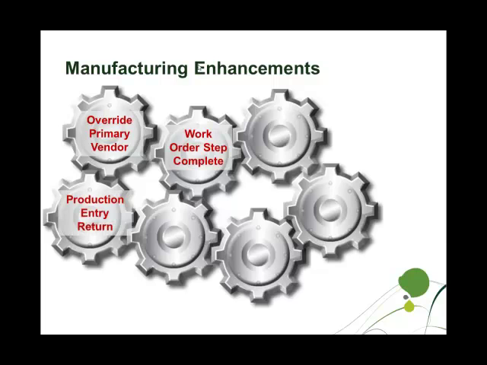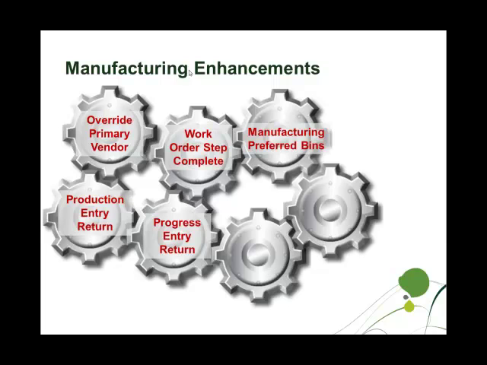We added a production entry and a progress entry return tasks so that when quantities are inadvertently completed for an incorrect amount, they can easily be returned and done again for the correct amount.